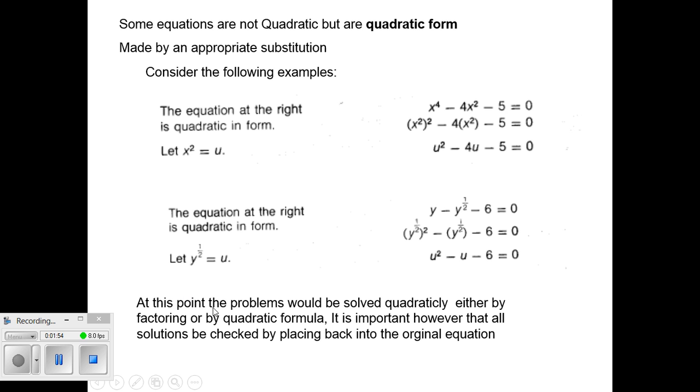So as I said, at this point, the problems would be solved quadratically, either by factoring, which I think both of these would factor, and we've already done problems of that sort, so that's really nothing new to you, okay? But you got to remember that when you do a substitution, use a different variable, okay? So you don't think, oh, I've already solved this for y, and I'm done.